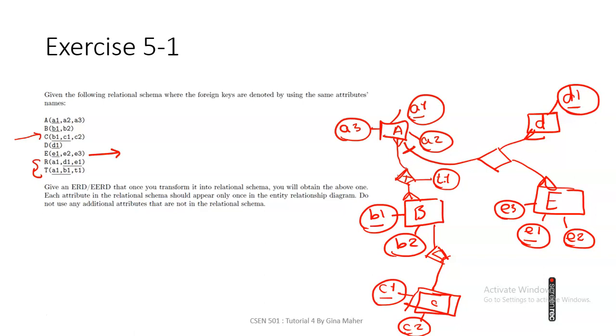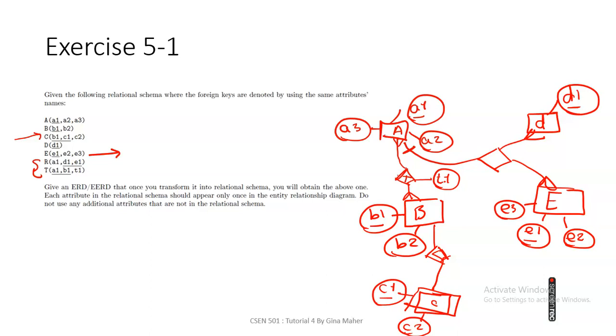We have three options of mapping the EERD: either to neglect the superclasses and make a relation for each subclass, adding the common attributes in each one of them, or to make one universal relation and put all the attributes together, or the simplest way, to make a relation for each entity. However, in this case there will be a lot of cross referencing because the primary key of the superclass will be a foreign key in each subclass.